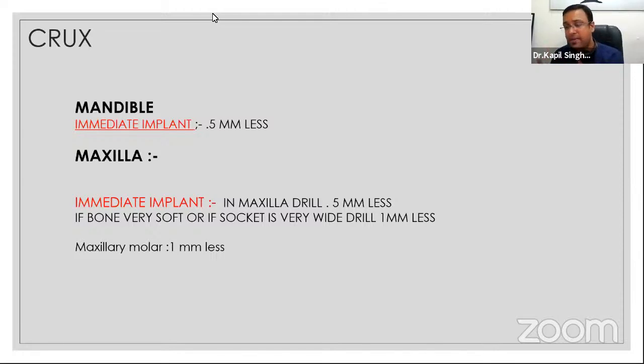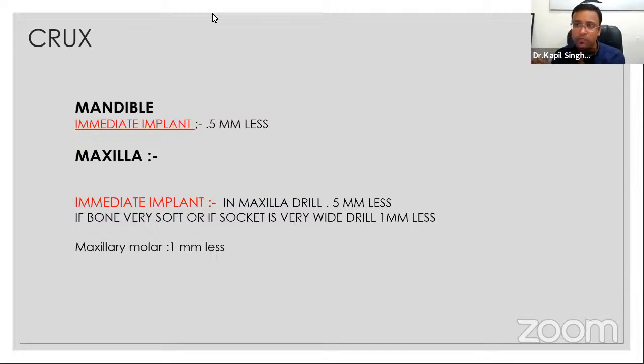But in the case when your labial plate is resorbed, then you have to do a GBR or a grafting. Like I showed you a case in which the labial plate was resorbed and I grafted the labial plate with the graft and the membrane along with the implant placement.